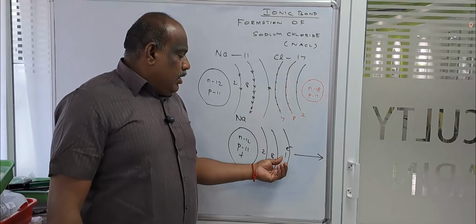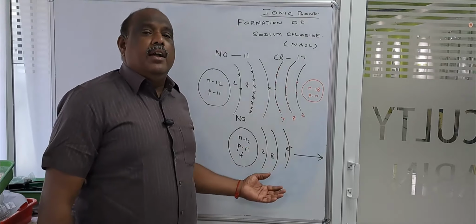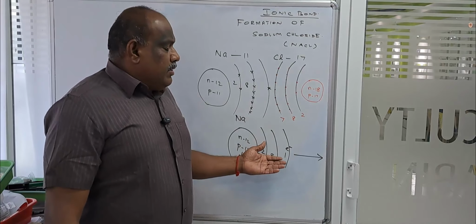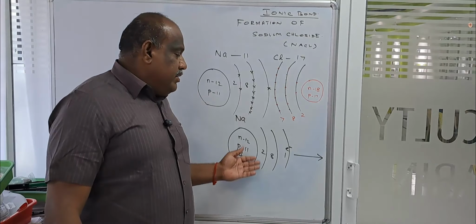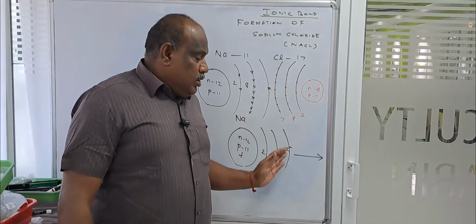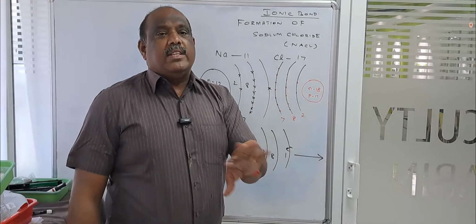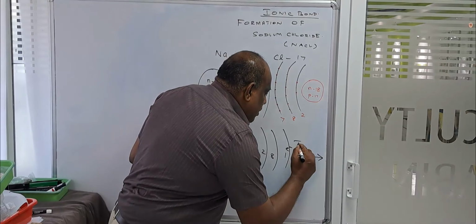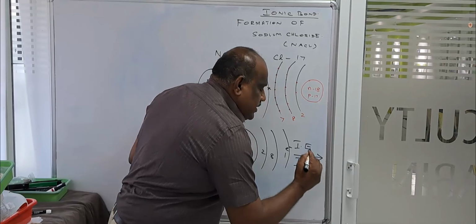Now we want to remove this electron to make its electronic configuration similar to neon so that it becomes stable. This electron cannot be removed without supplying energy from an external source. The energy required from the external source to remove this electron so that the atom becomes an ion is known as ionization energy. So the energy that I am supplying is called ionization energy or ionization potential. Both are the same.